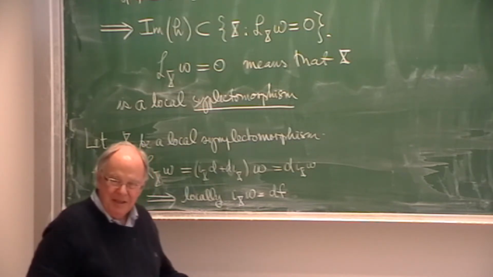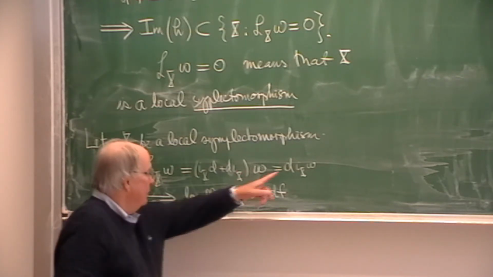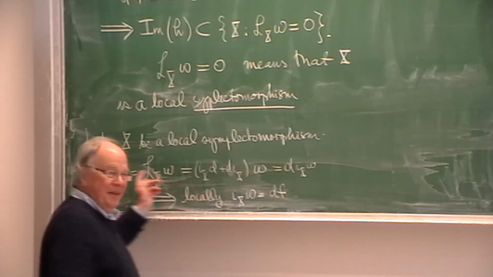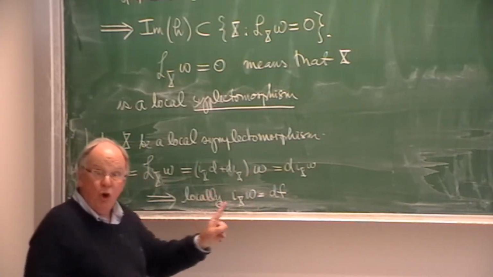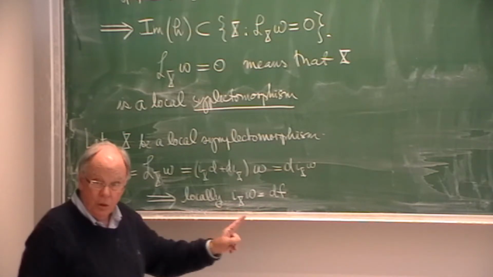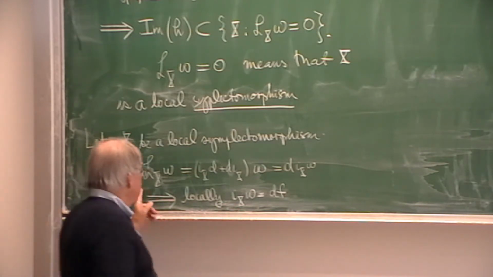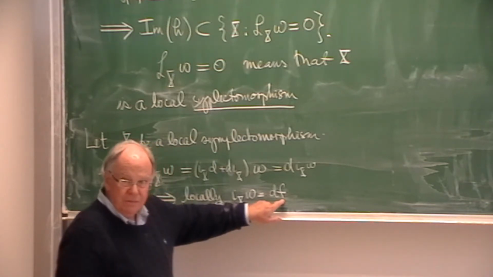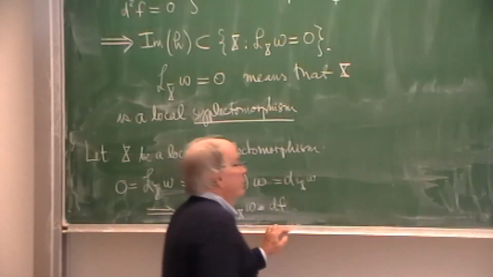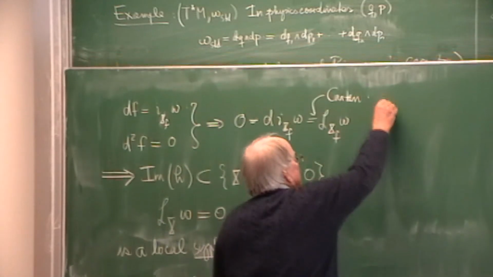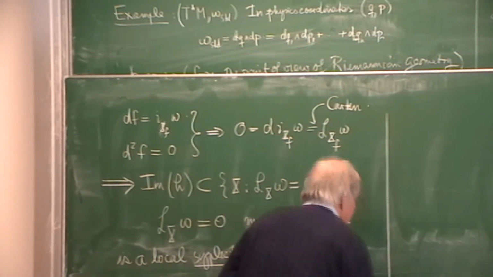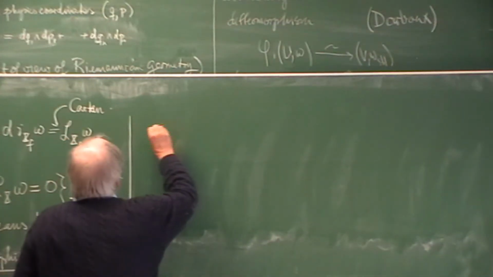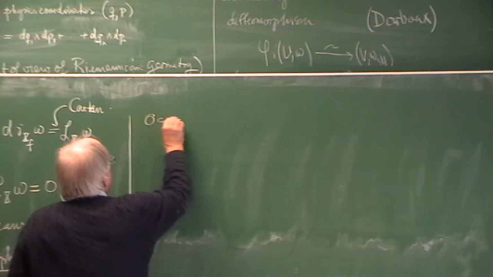Poincaré's lemma says that if d of something is 0, then it's exact locally. So it's exact. That means this form is the Hamiltonian of this function. So it means that we have an exact sequence.